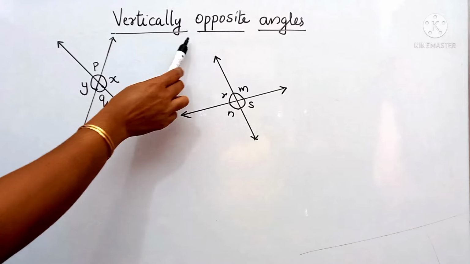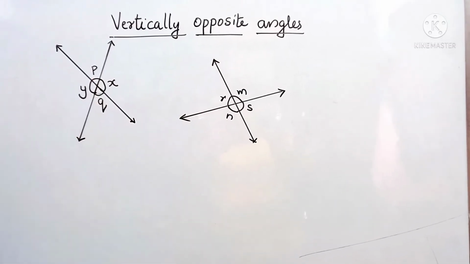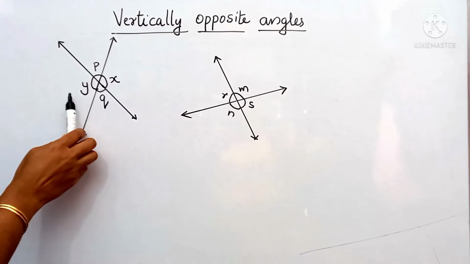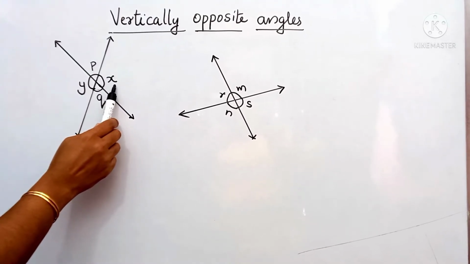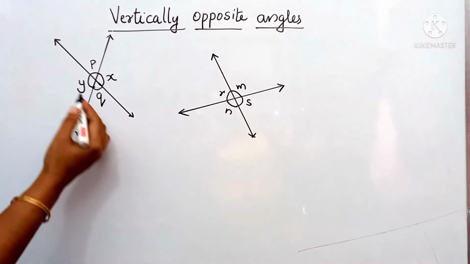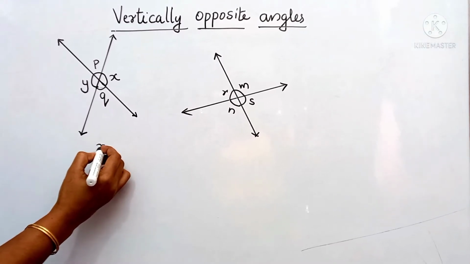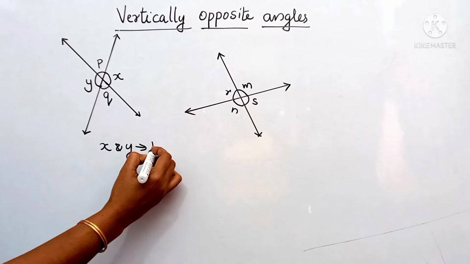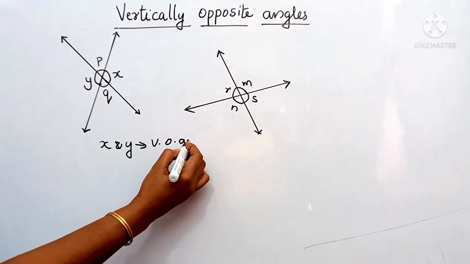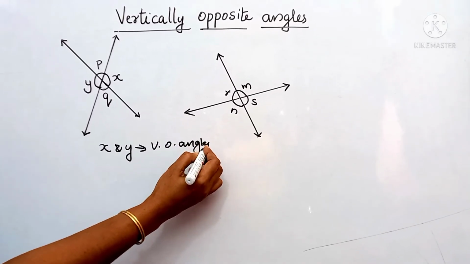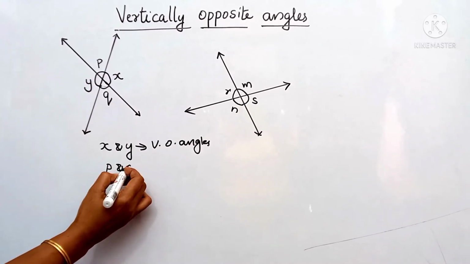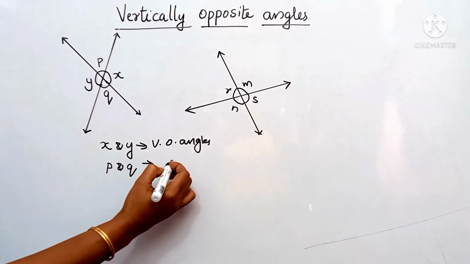Next is vertically opposite angles. When two lines intersect, vertically opposite angles are formed. Here you can see x and y are vertically opposite angles. And P and Q are another pair of vertically opposite angles.